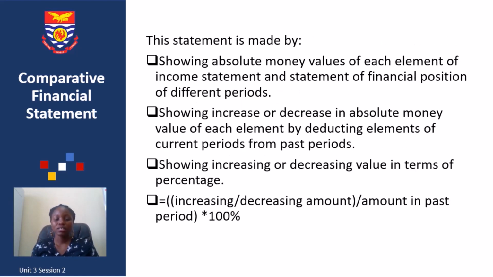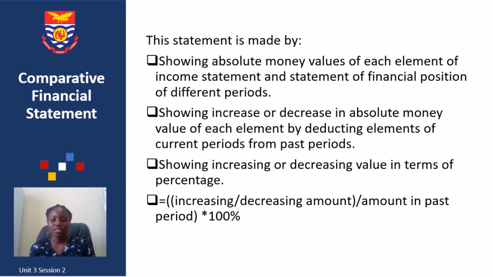Now, this statement is made by showing the absolute money values of each element in the income statement as well as the statement of financial position for different periods. So you can have, let's say, the period of 2015 to 2023, and you'd have the monetary values of each element in the income statement and the statement of financial position.